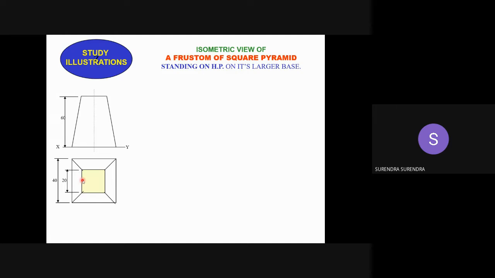Similarly, isometric view of a frustum of a pyramid. When a pyramid is cut perpendicular to the axis, it is not a complete pyramid, it is cut at a height of 60 mm from the base, and you have to draw the isometric view of this square pyramid.